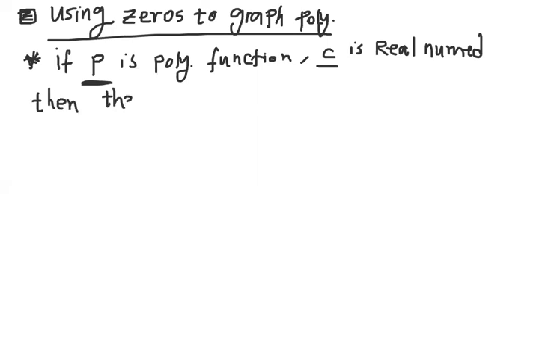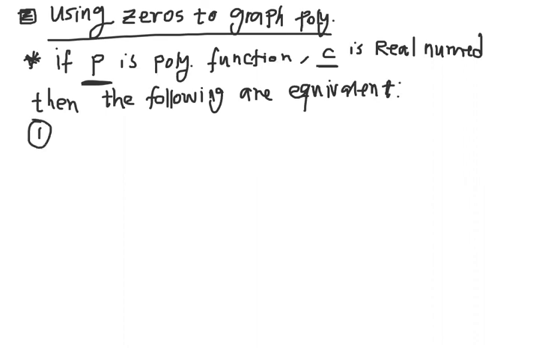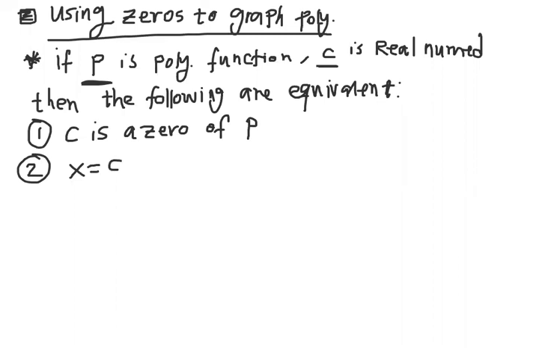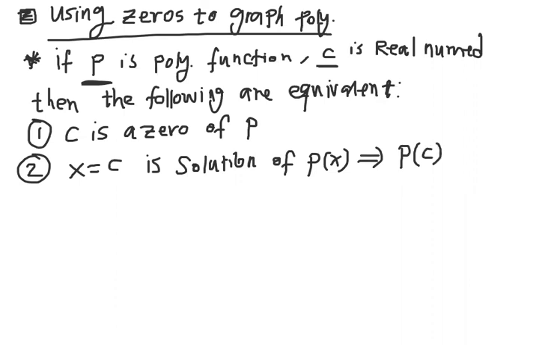the following are equivalent. First, c is a zero of the polynomial p. Second, that means x equals c is the solution of p of x equals 0, or in different words, I can say p of c is equal to 0.